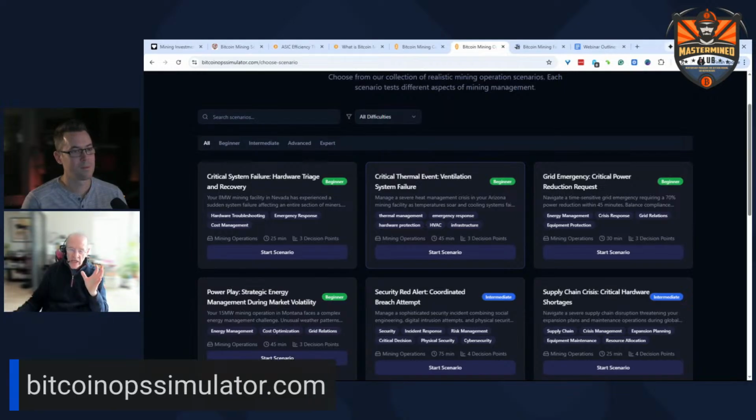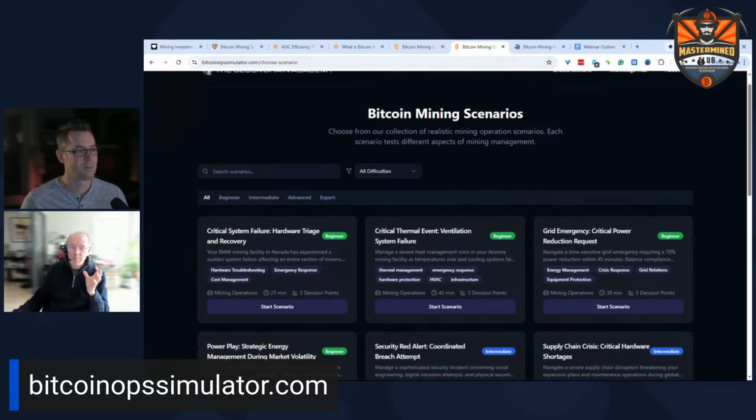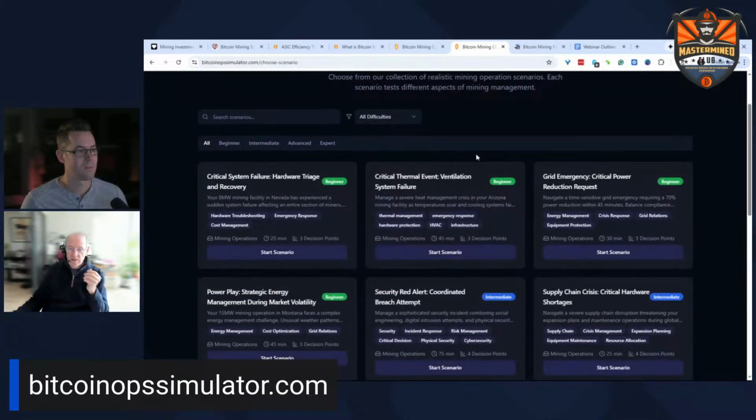And so if you really want to understand how the prior simulation works in terms of, wow, I want a career in this, and then you go into this very advanced one on the operations simulator of what do I do and what are my choices and how are these choices going to come at me. These don't repeat identically every time you run them. So there's a randomness to it.